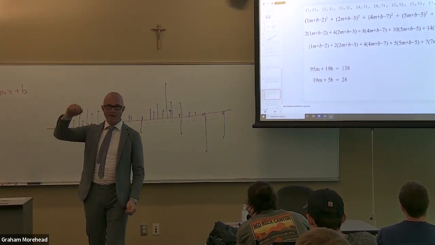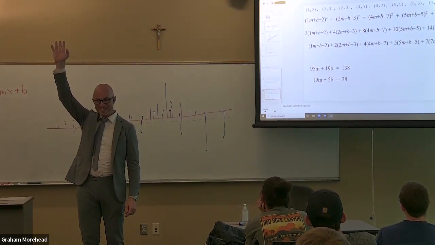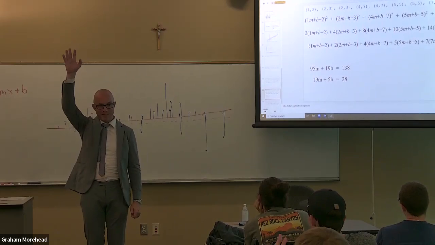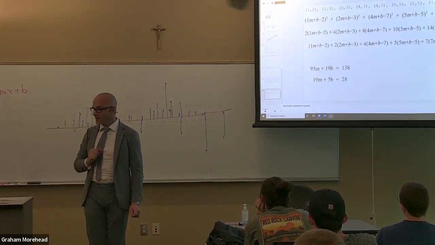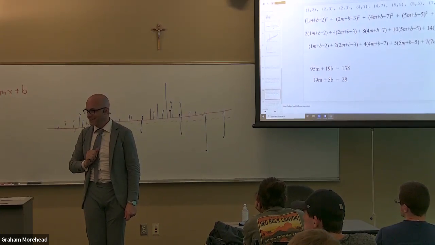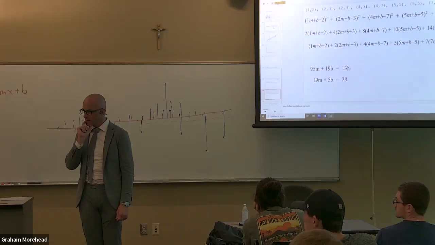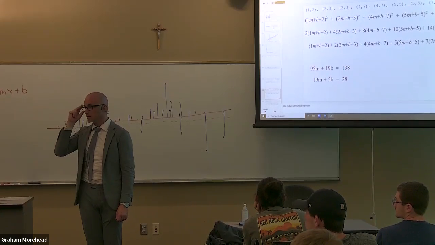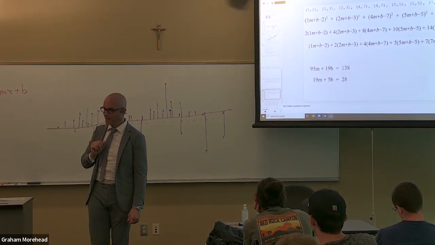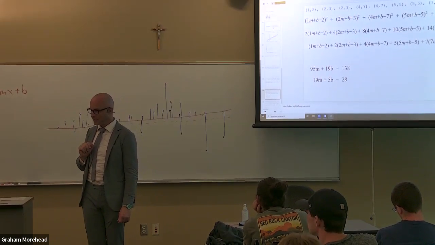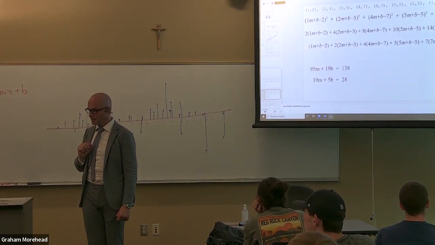Give me your hand if you think it's not solvable. Give me your hand if you think it is solvable. Okay, why is it solvable? Yeah, how do you know?